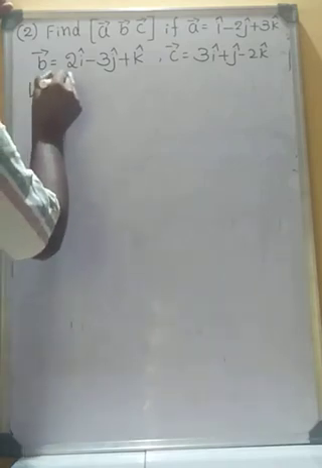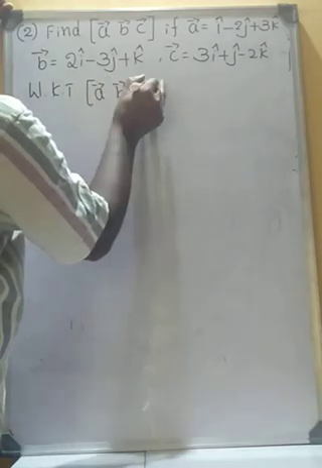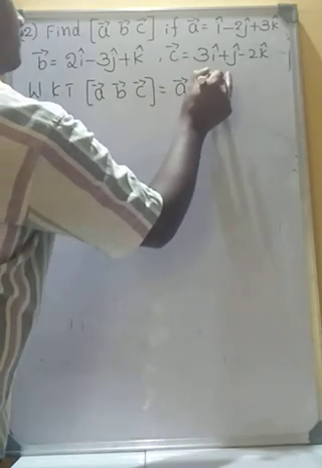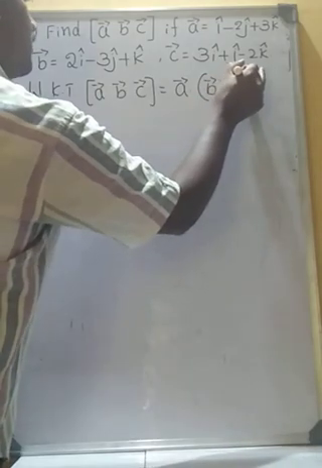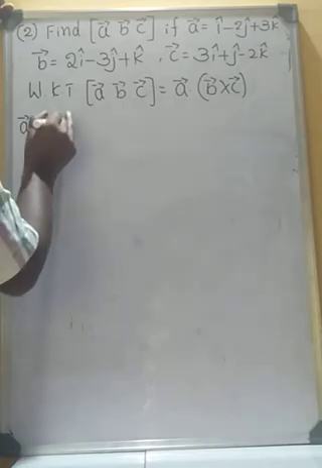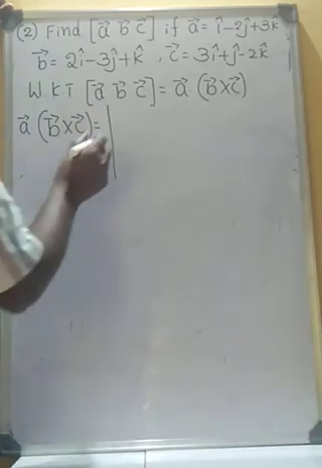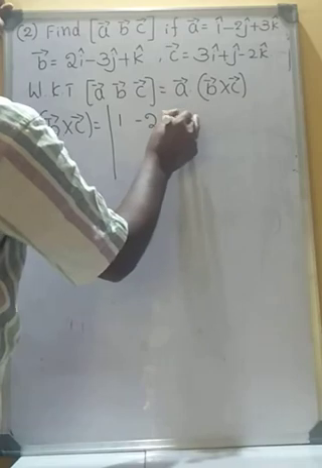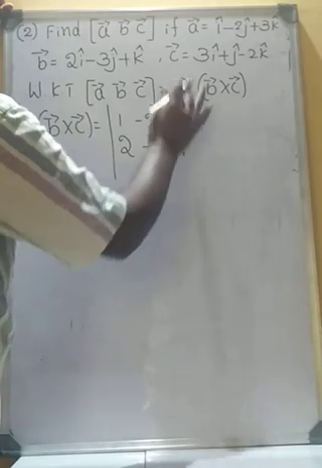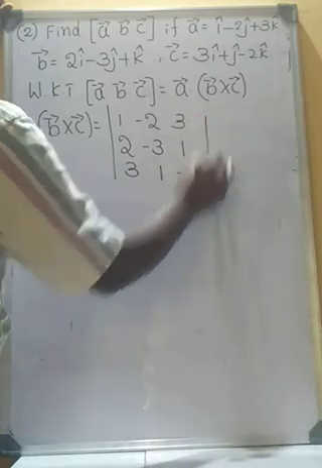So we know that the box product of A, B, C is equal to A dot B cross C. So A dot B cross C is equal to the determinant of 1, minus 2, 3, vector B components in the second row: 2, minus 3, 1, and vector C components in the third row: 3, 1, minus 2.